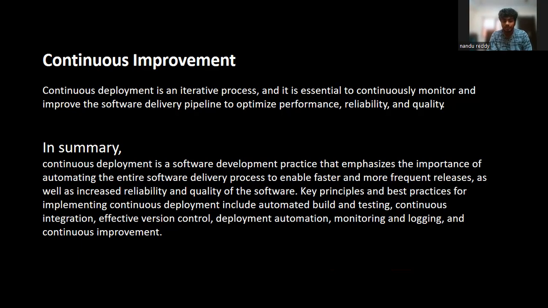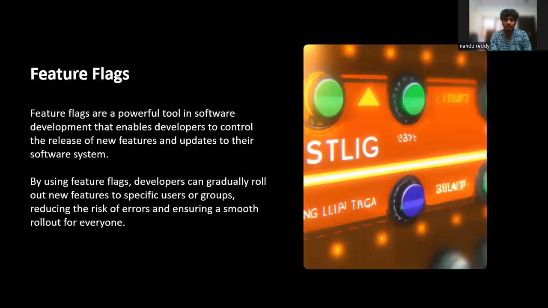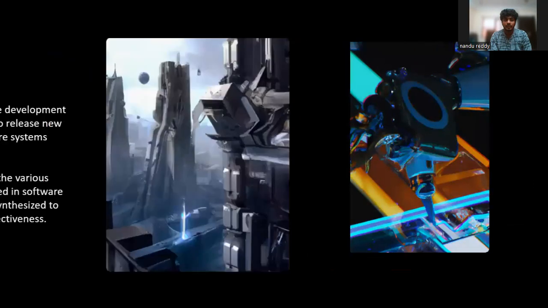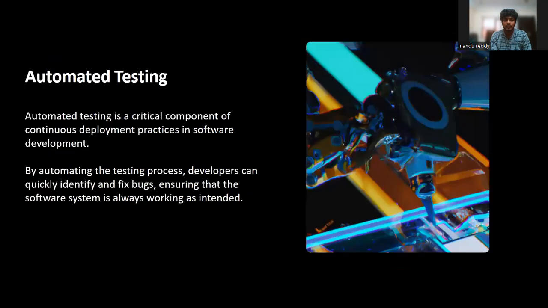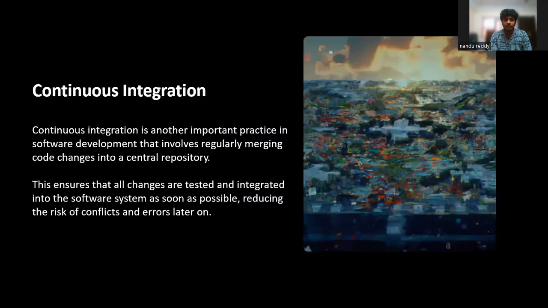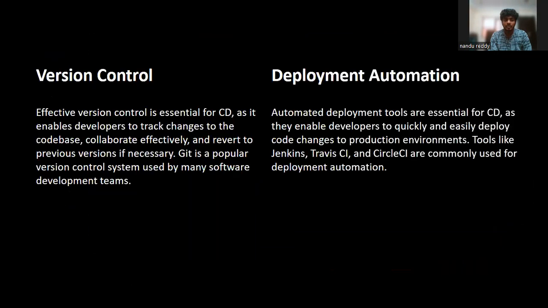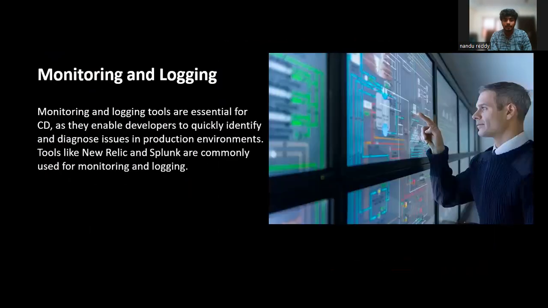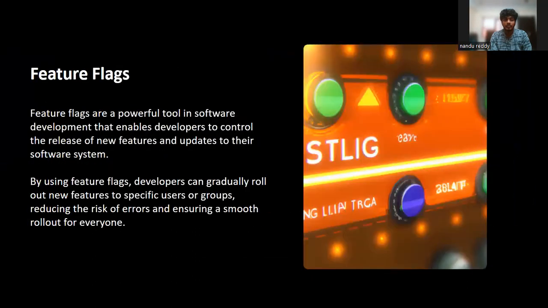All these processes are given below. First introduction, then automated testing, then continuous integration, version control and deployment automation, next infrastructure as code, monitoring and logging, next feature flags.